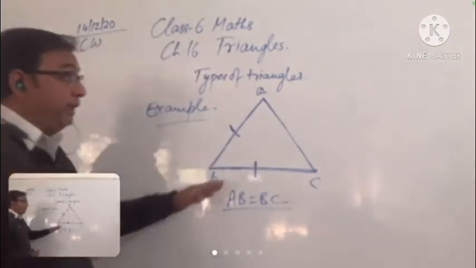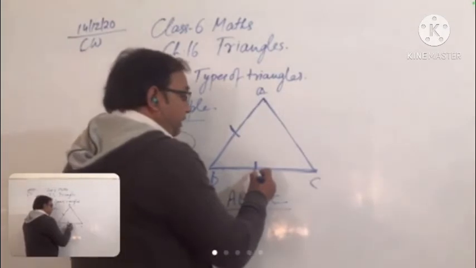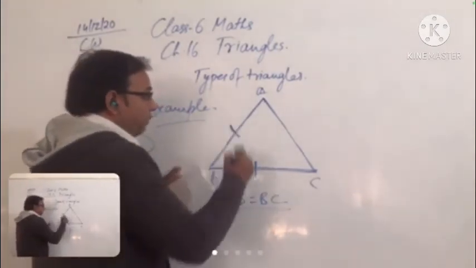If the angles are equal, then we say that the sides opposite to the equal angles are also equal.